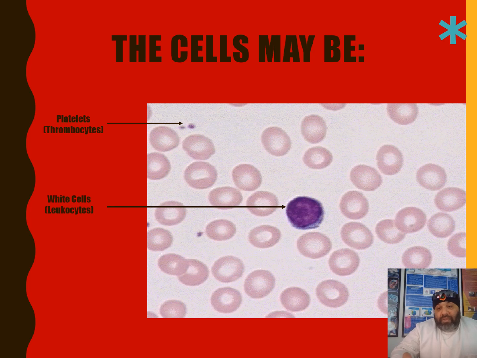In this particular illustration, the white cells, or the leukocytes or lymphocytes, are the darker colored cell types under morphology. And then there are the red cells, red blood cells, which are also known as erythrocytes.